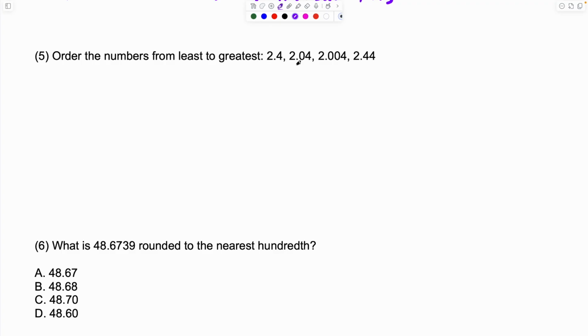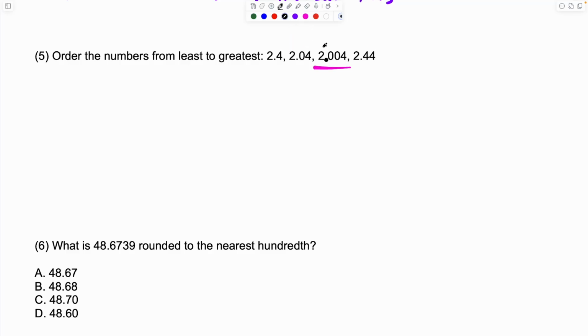And we have 2.4, 2.04, 2.004, and 2.44. So for this one, a nice strategy you could use is you could rewrite all of these decimals so that they all have the exact same amount of digits to the right of the decimal. So here I look at this first number and I see that we have 2.4, but this number over here, if we look, has 3 digits after the decimal.